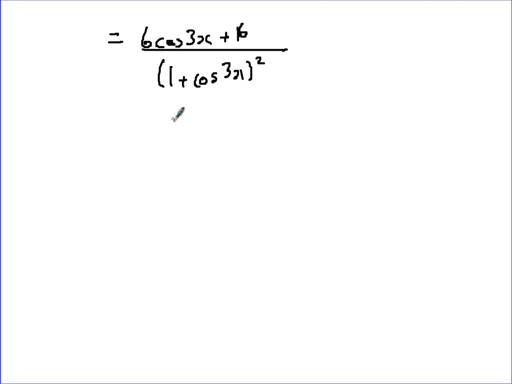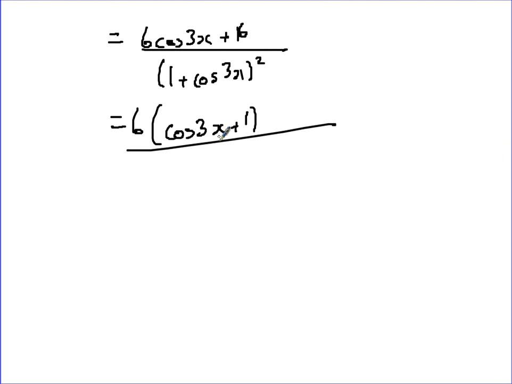And then we look at it and go, right, we've just got to make it a 1 plus cos 3x. So if I take out a 6 again, and again this is just seeing what happens, it actually gives us cos 3x plus 1 here. So if we've got a bracket 1 plus cos 3x all squared, then you can actually get rid of that, because it's 1 plus cos 3x, 1 plus cos 3x, so one of those brackets will cancel.